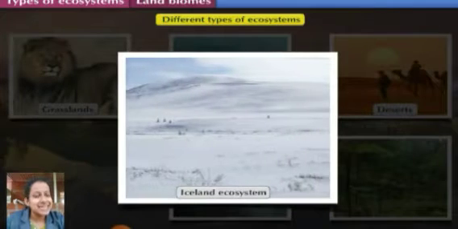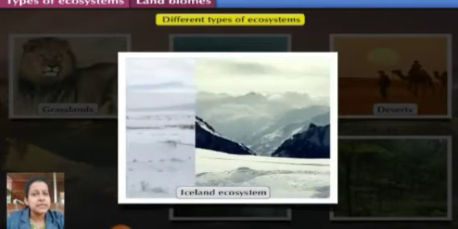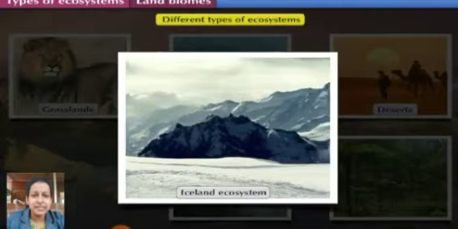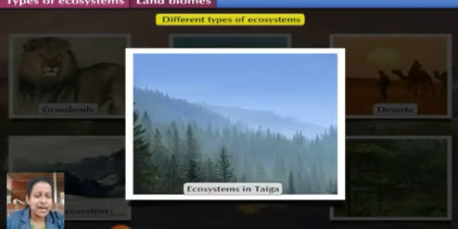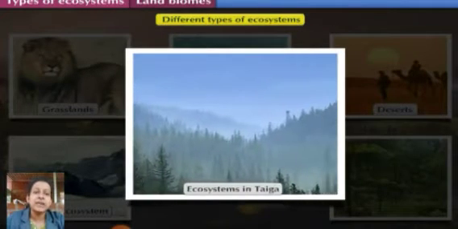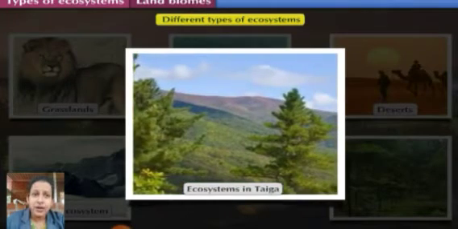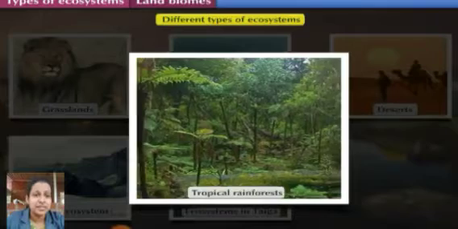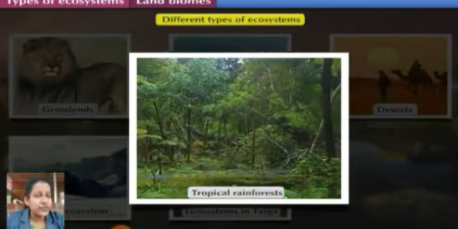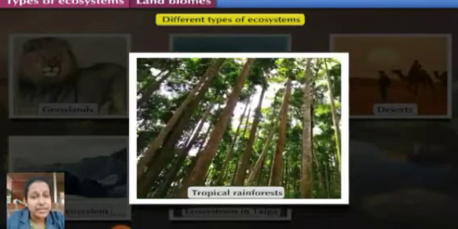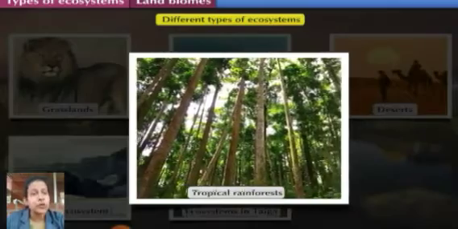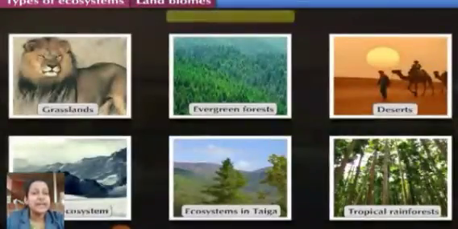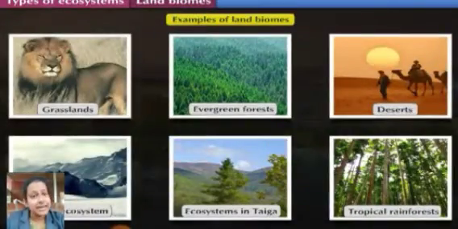Then the ice land ecosystem also is wherein you will find very few plants and animals. Ecosystem in the taiga region, you will also find a variety of animals and plants. Even tropical rainforest also has a variety of plants and animals. So these are different types of the land biomes.